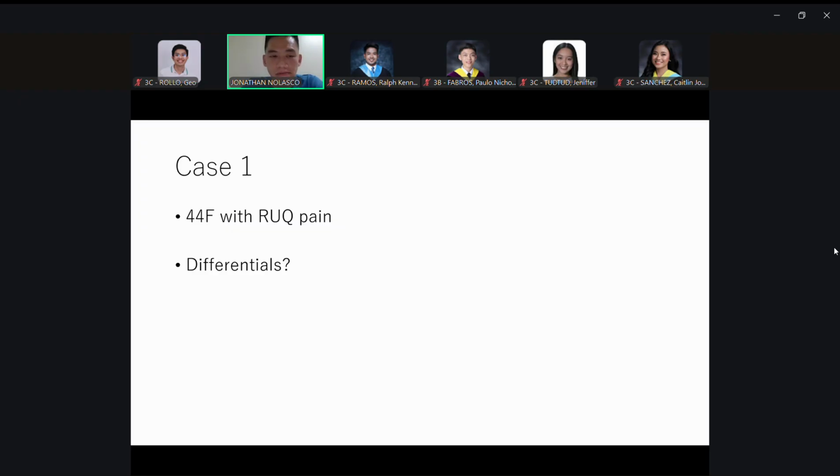Our patient falls within the traditional three Fs or even four Fs of fat, female, 40. This is the typical profile of somebody who would have gallstone disease.